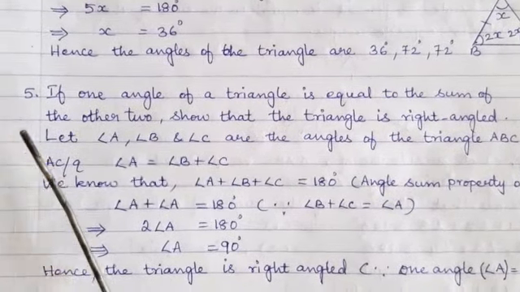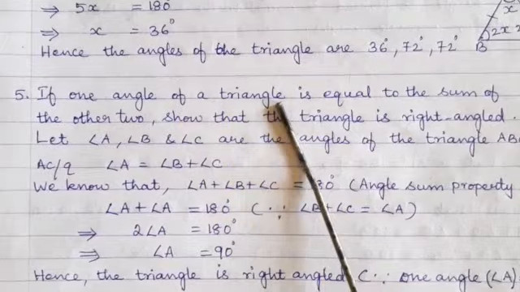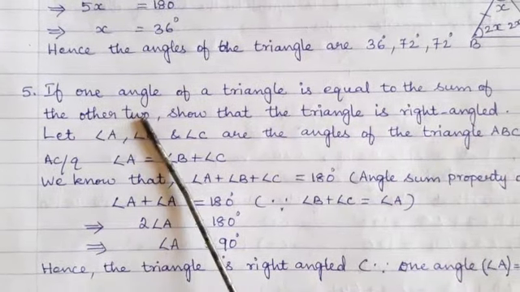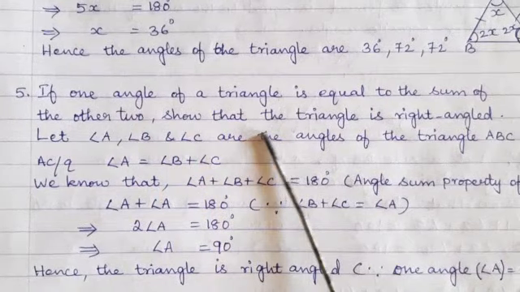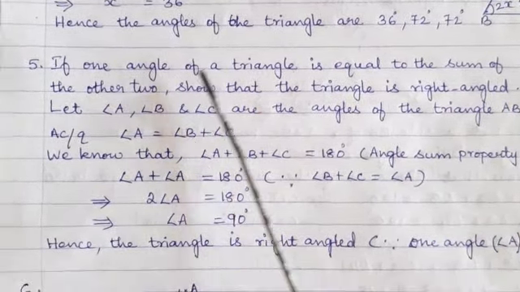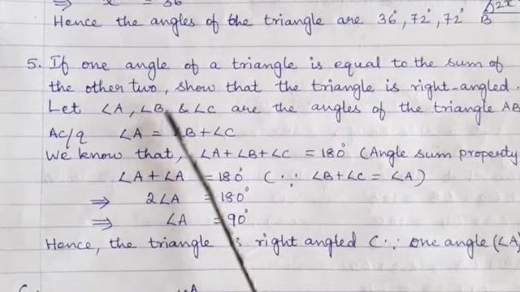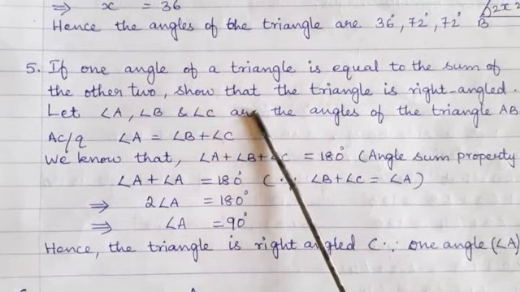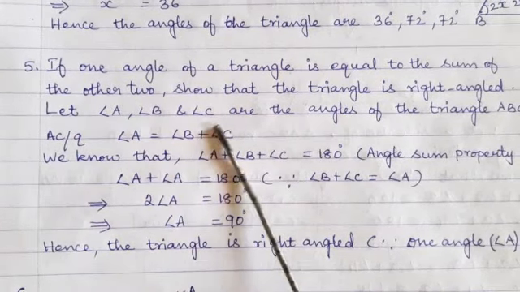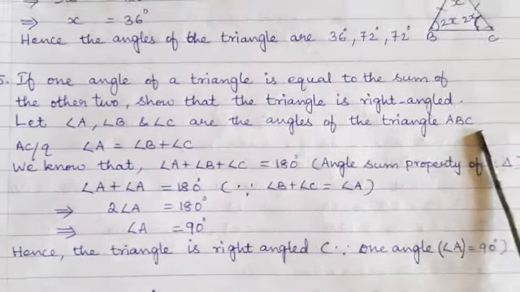Question number 5. If one angle of a triangle is equal to the sum of the other two, show that the triangle is a right triangle. What is given here? One angle of a triangle. Just assume that you are taking the triangle ABC. Let angle A, angle B and angle C be the angles of triangle ABC.